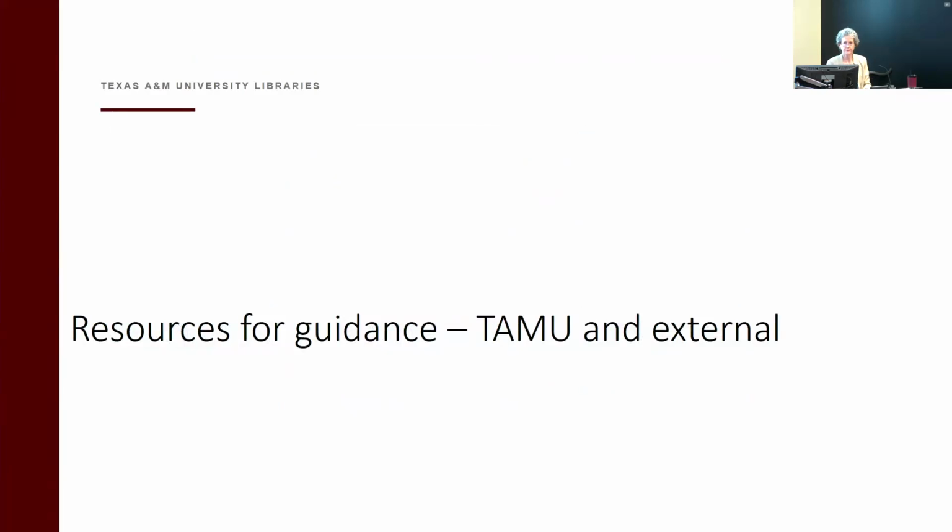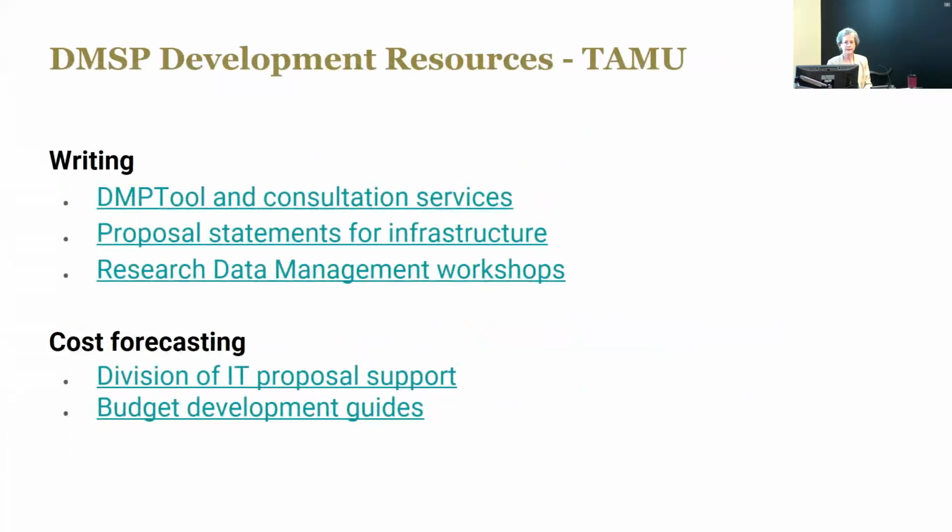So a lot of stuff. Texas A&M has some specific tools that will be helpful, and I have links to these. Some of these are from the Division of IT to help you with costing for infrastructure and so on. The DMP tool, which I'll get to in a minute, is especially useful for sample content, templates, those kinds of things.